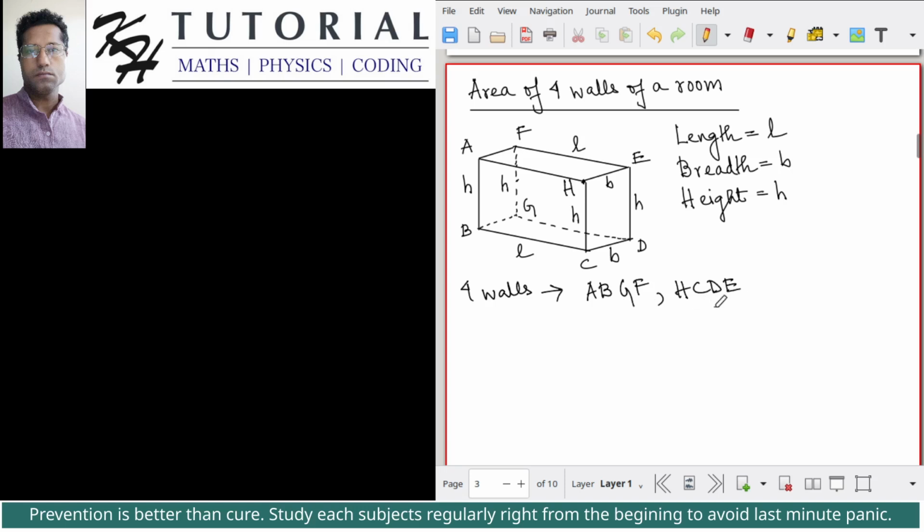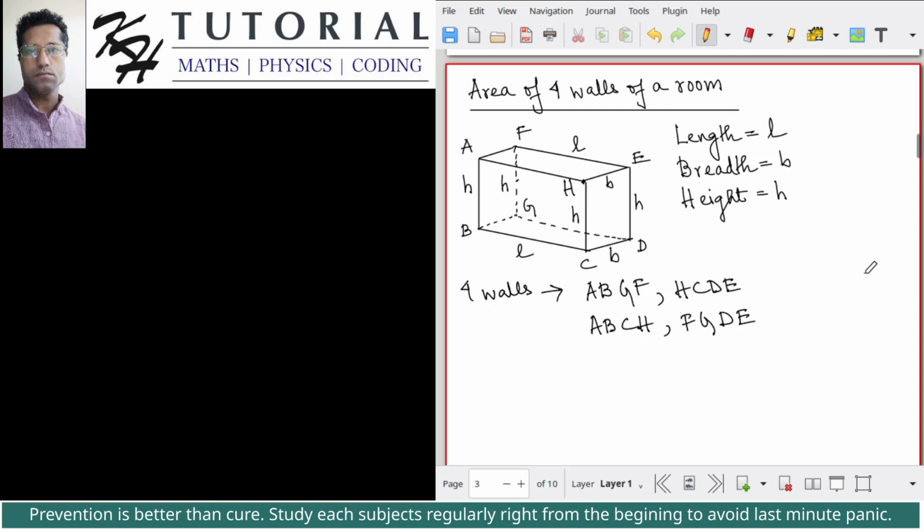One pair of opposite walls as per this figure is ABGF and HCDE. The other pair of opposite walls is ABCH and FGDE. So these are the four walls of the room.